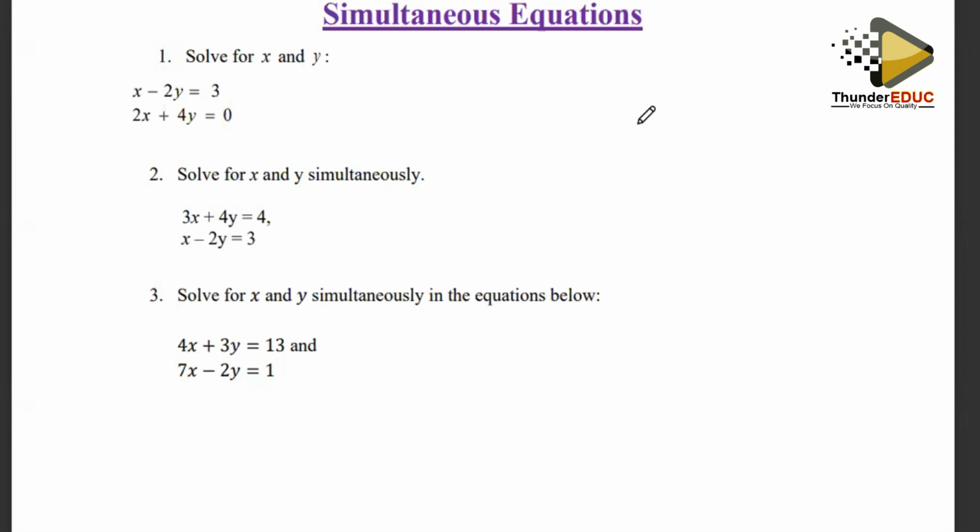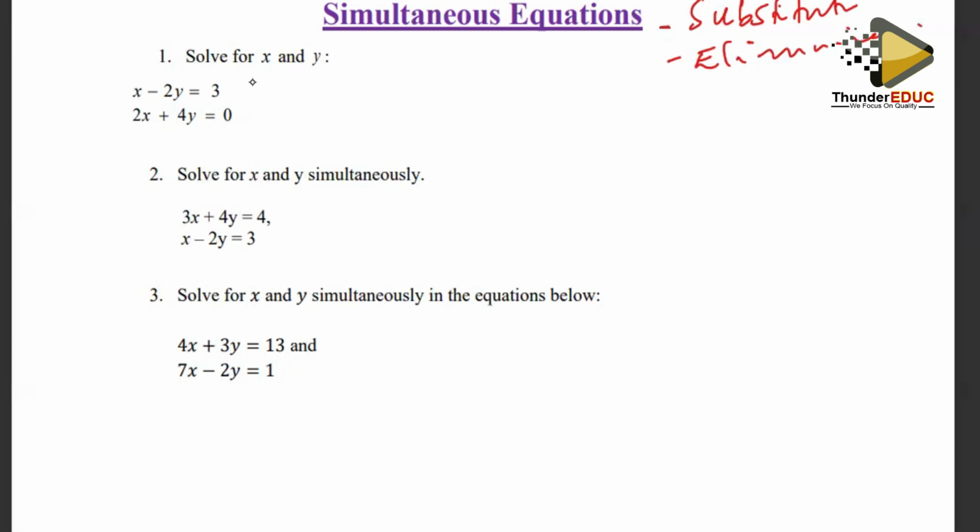Now, when you're solving these simultaneous equations, we need to work with both equations together so that we can arrive at the different answers. So we have two methods that we normally use. We have what we call the substitution method, and then we also have what we call the elimination method.